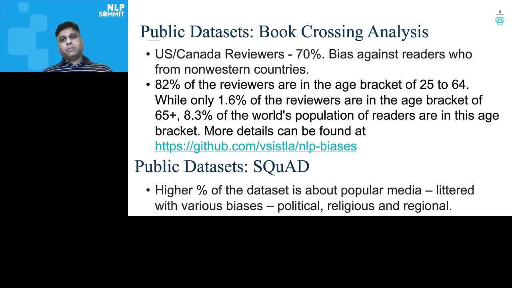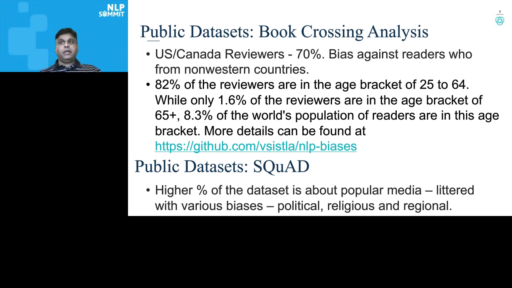For example, book crossing analysis data set contains about 270,000 users providing over 1.1 million ratings, about 271,000 books. Out of that, 70% of these users are from the US and Canada. And the countries that have very high percentage of readers are not even represented in this corpus.